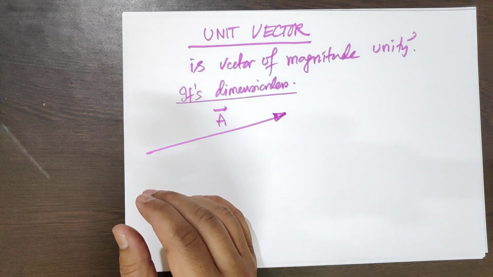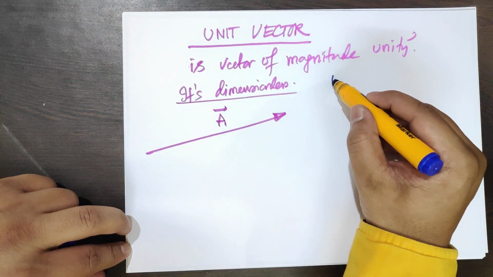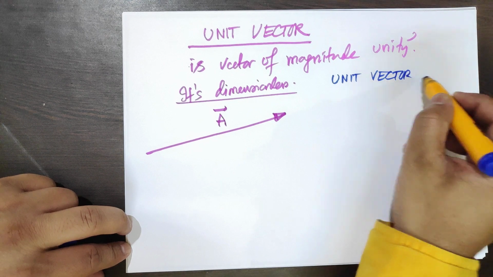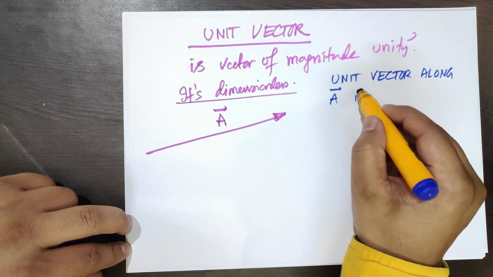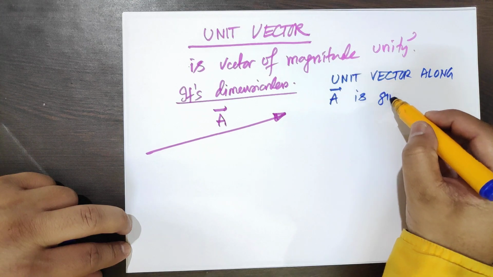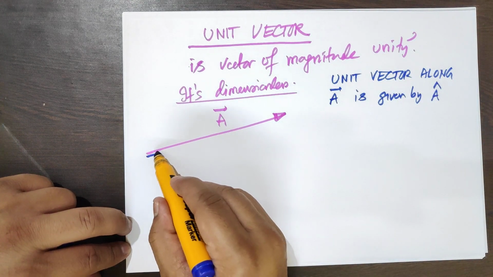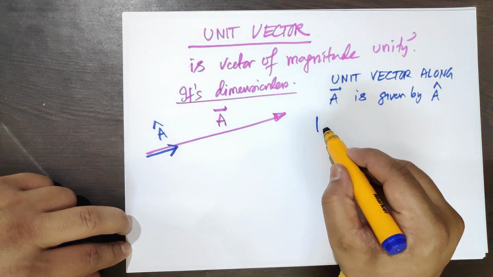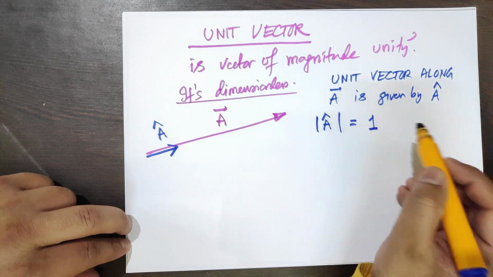So the unit vector in the direction of A, unit vector along A is given by A cap, right? So that's it, A cap. Now if you write mod of A cap, you have to write 1 here.